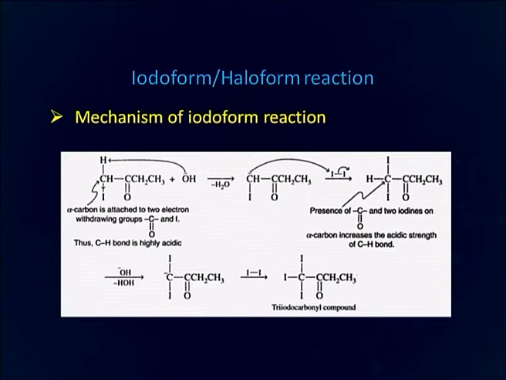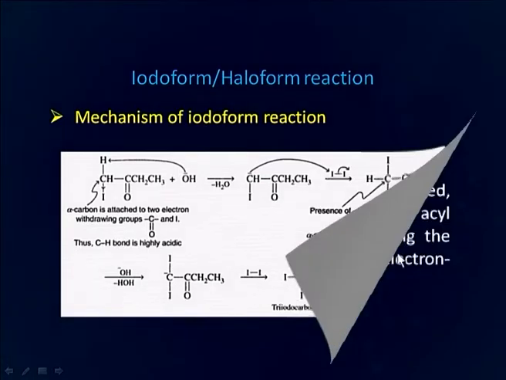You can see here it is a monoiodo compound, and it is converted into the diiodo compound. These alpha hydrogens will be more acidic than in simple 2-butanone. The reason is that electron withdrawal is taking place by the iodine as well as by the carbonyl group. So, here there is formation of the diiodo compound and then the triiodo compound.